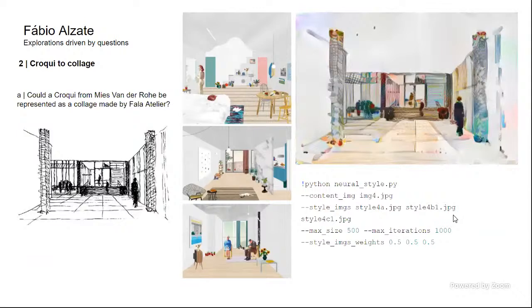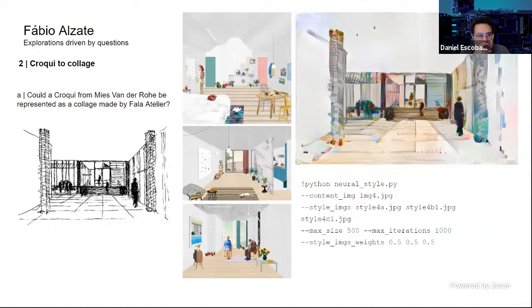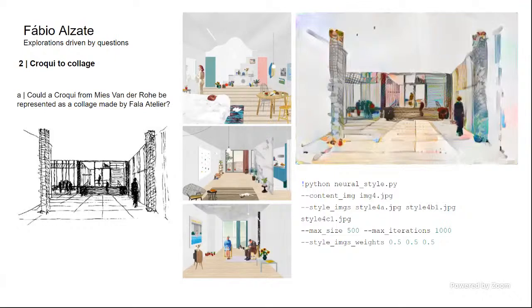In the next, I tried to do something more practical, because this is a common workflow: doing a sketch, and then humanizing this sketch, making it more appealing. I tried to merge this Mies van der Rohe sketch with the collages made by Paul Atelier to understand if the textures would be placed correctly, for example, the ceiling on the ceiling and the wood on the floor.